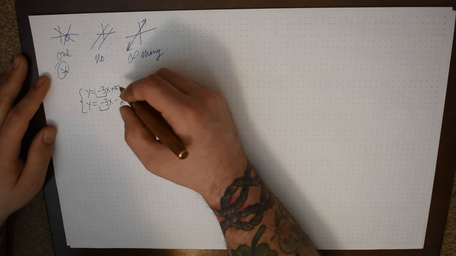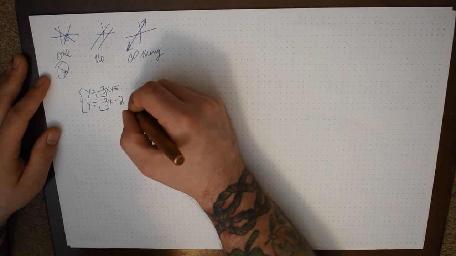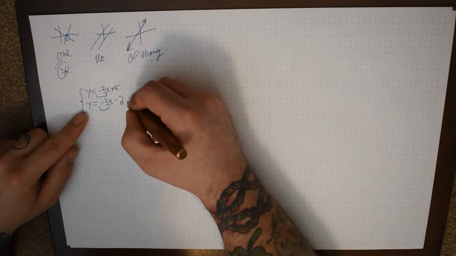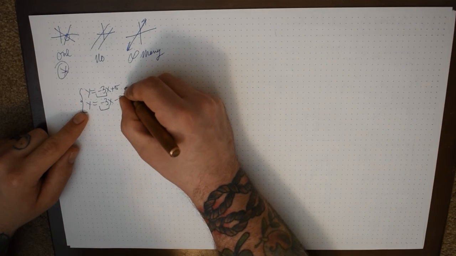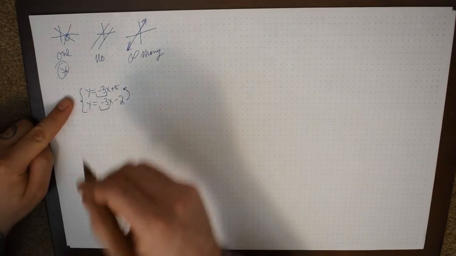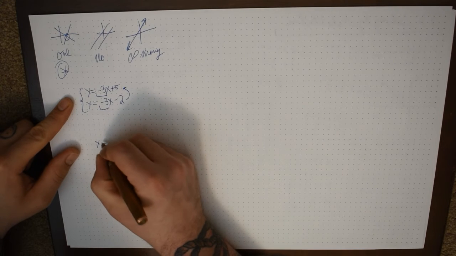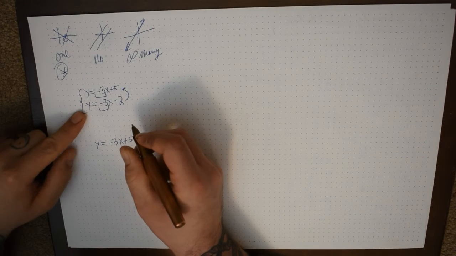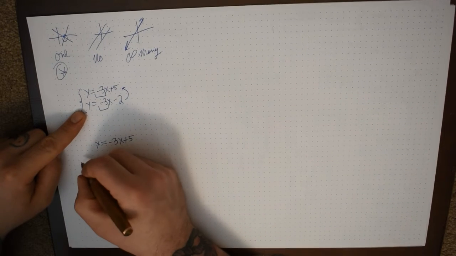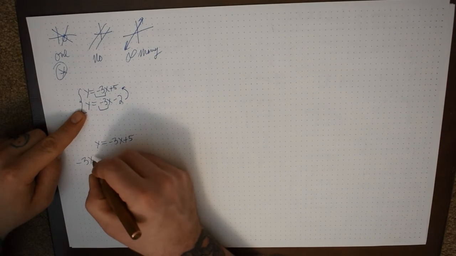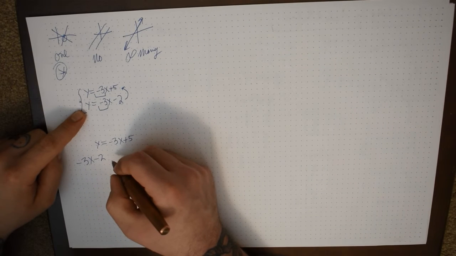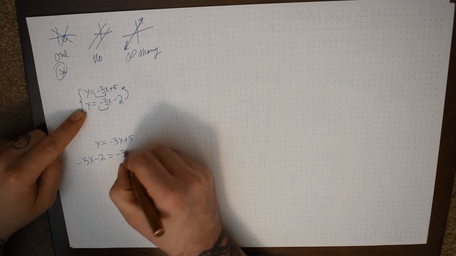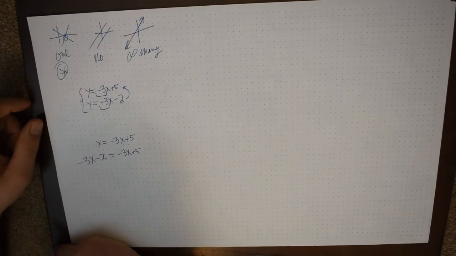And let's say that this bottom equation is solved for y. They both are, but let's take this bottom equation and plug it into the top equation. That top equation says that y needs to be equal to negative 3x plus 5. That bottom equation says that y is equal to negative 3x minus 2, which still has to be equal to negative 3x plus 5.